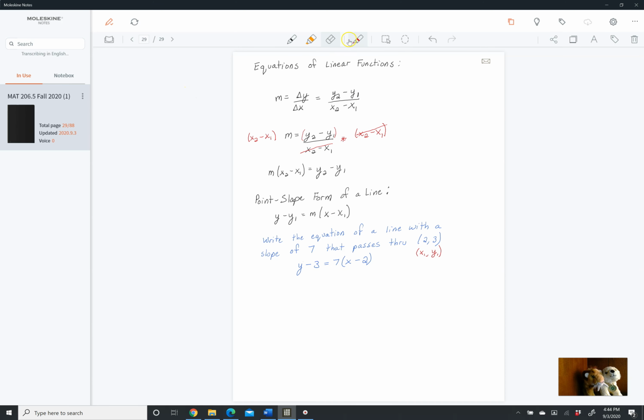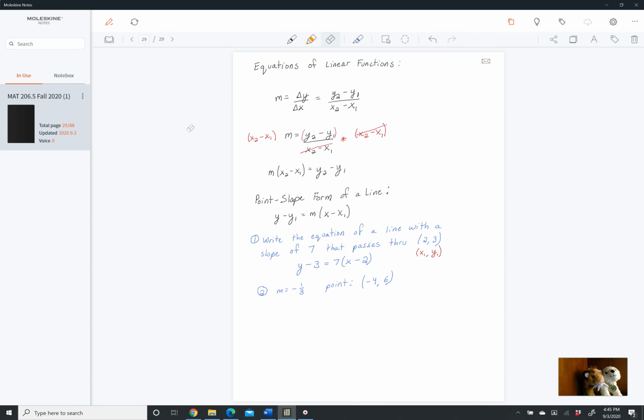Let's say, for example, that this time we're told, here's a first example. I'm going to save some writing, and let's say that our m is equal to negative 1/3, and our point is (negative 4, 6).